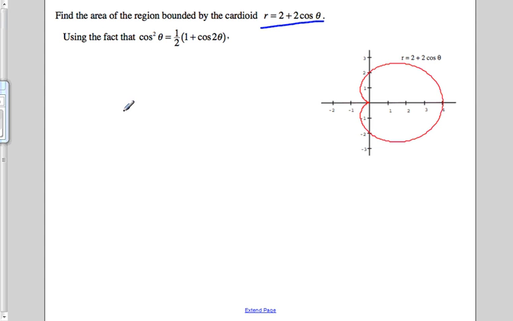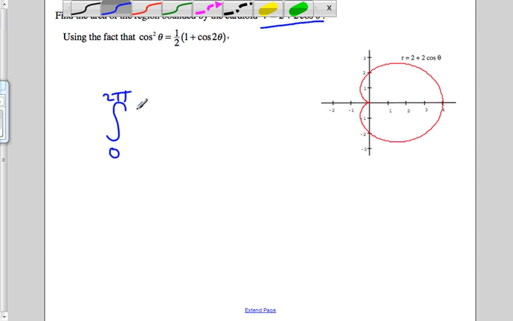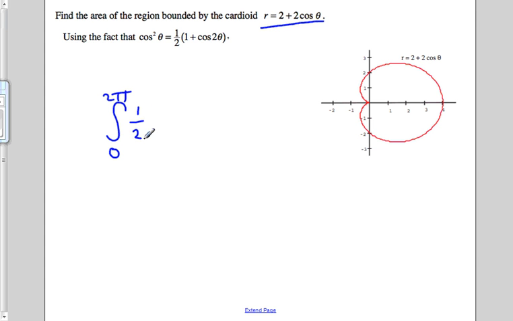What we're going to do is integrate from 0 to 2 pi, and what we're going to be integrating is, using that equation that we just looked at, 1/2 f of theta squared, or r squared, d theta. Now it's a matter of expanding and doing some integration.